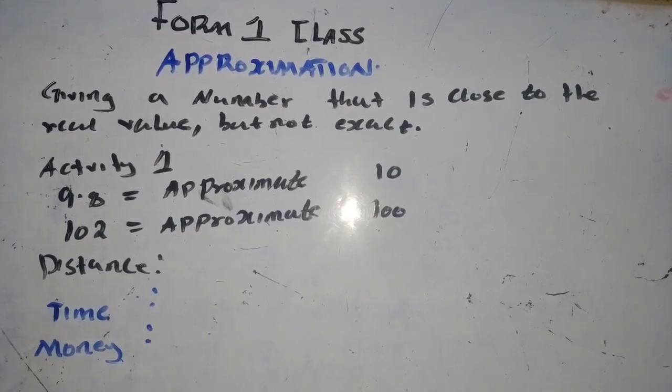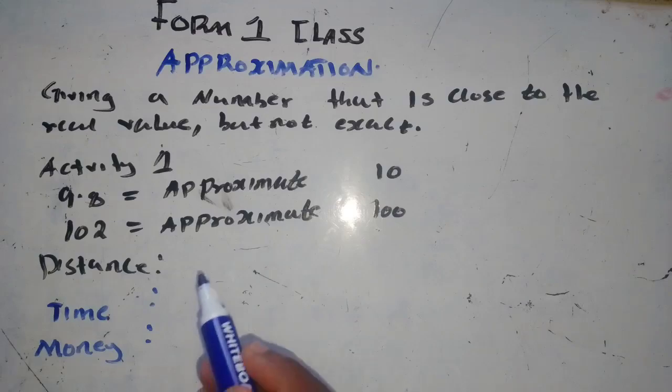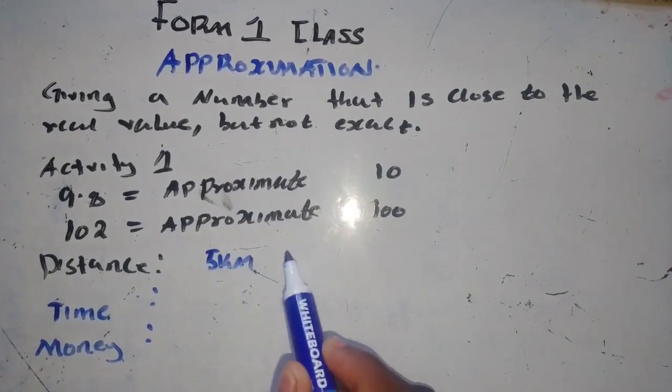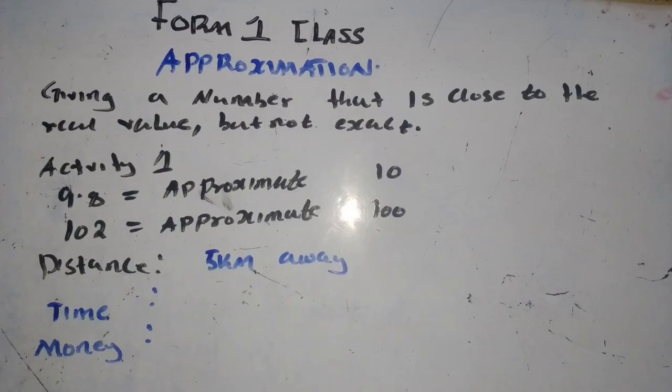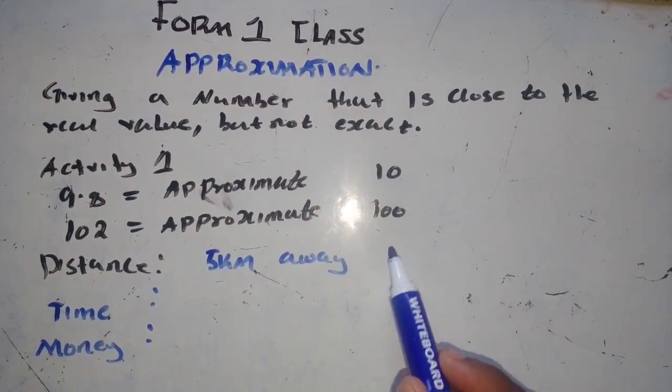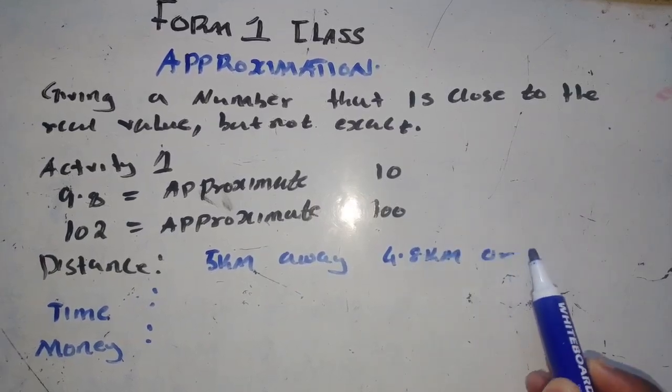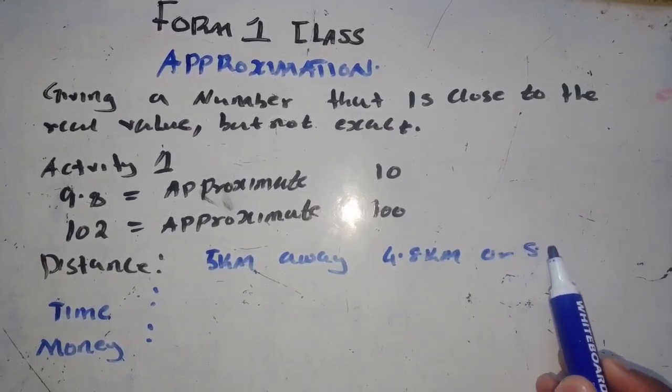So for example, in distance, you have heard a person saying that it's about 5 kilometers away. So this means that it's not exactly 5 kilometers away, but it's about. It can be 4.8 kilometers, or it can be 5.4 kilometers.